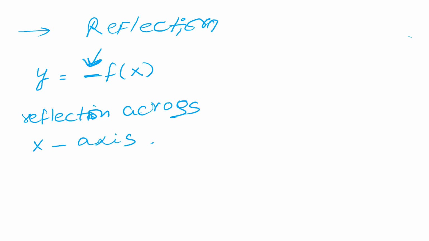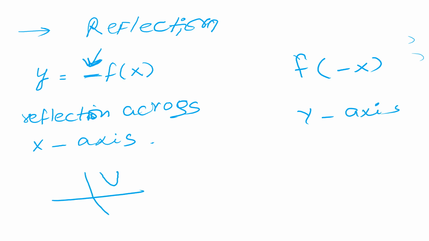And if the negative is inside the bracket, then it is reflection across the y-axis. What does it mean? If there is a graph like this and the minus is outside, the x-axis is the mirror and your graph will come over here.